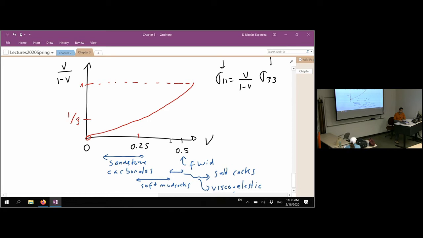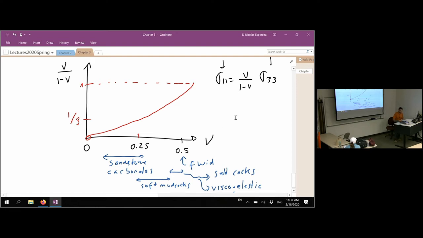In a rock in which this coefficient is higher, you're going to have a higher horizontal stress, and probably it's going to also be close to the vertical stress, and therefore you're going to need also a higher pressure for hydraulic fracturing.